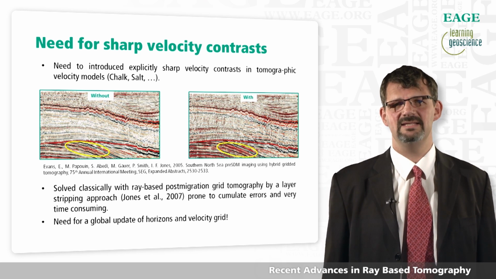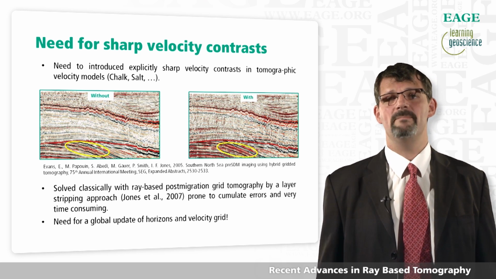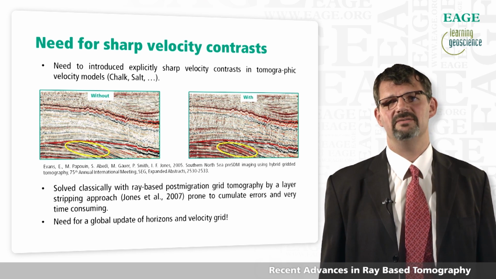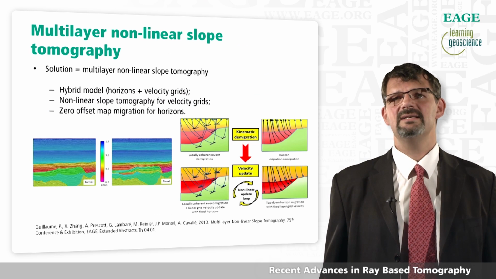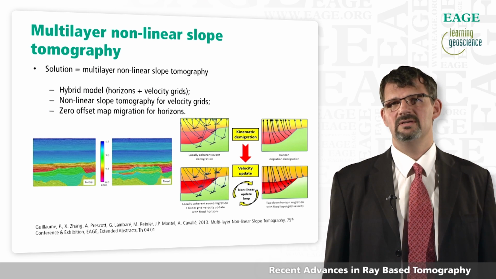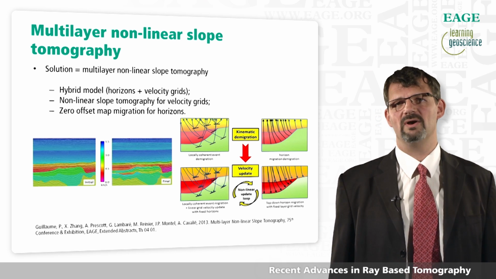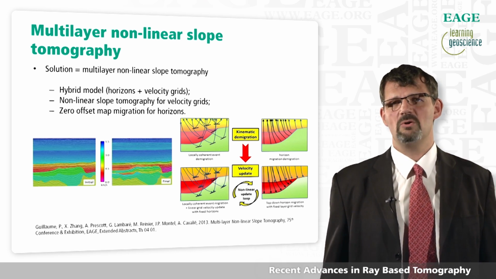So there was a need for some method allowing for a global update of horizons and the velocity grid. There is now a solution, what we call multi-layer nonlinear slope tomography. What are the components?